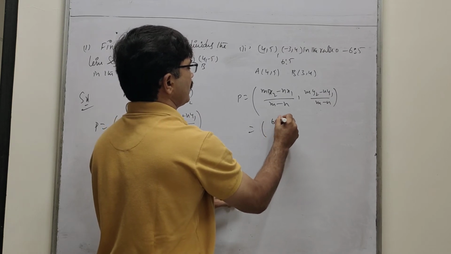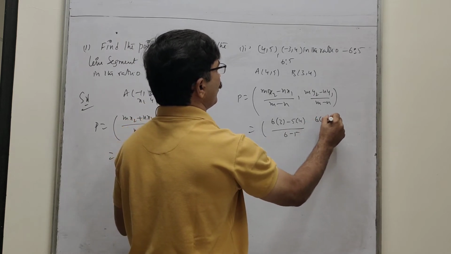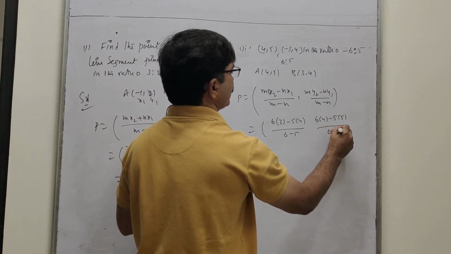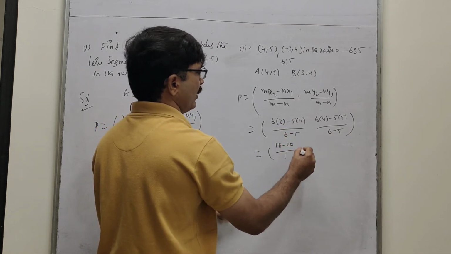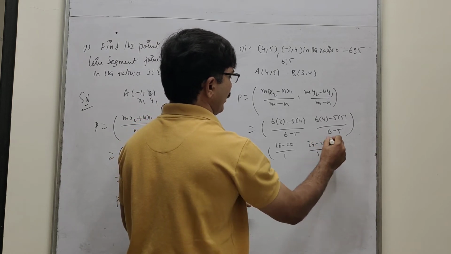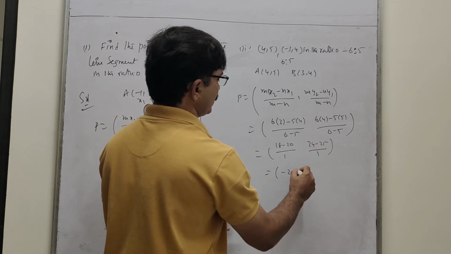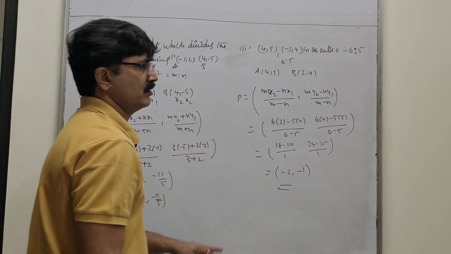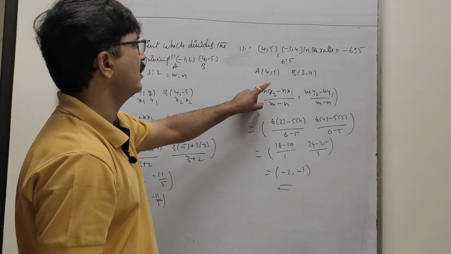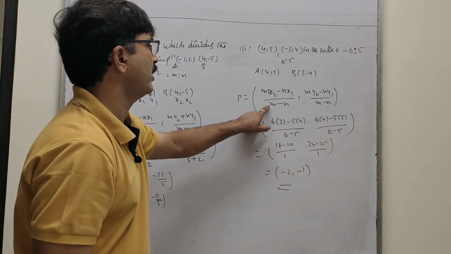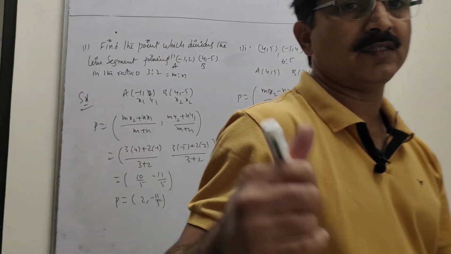So you will get (6 into 3 minus 5 into 4) by (6 minus 5), (6 into 4 minus 5 into 5) by (6 minus 5). See here, 18 minus 20 by 1, 24 minus 25 by 1. So you are getting minus 2 and minus 1. One is internal, the other one is external.